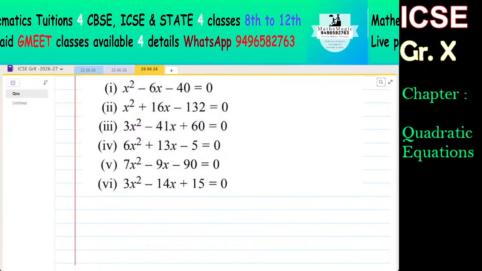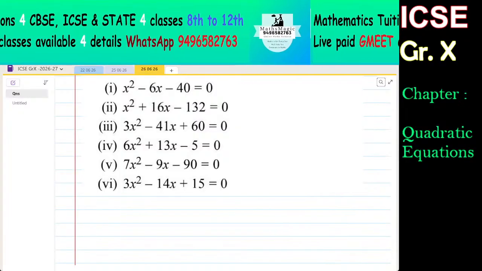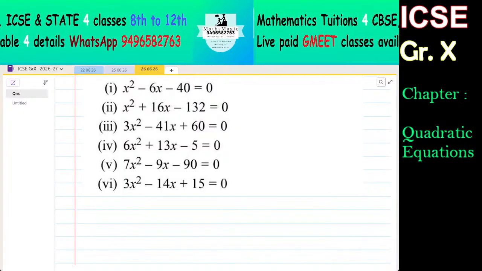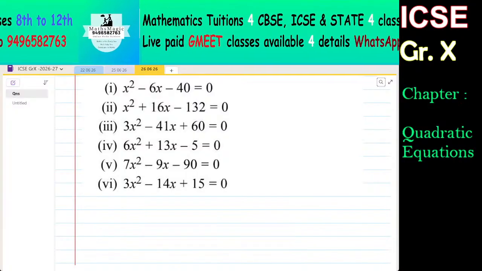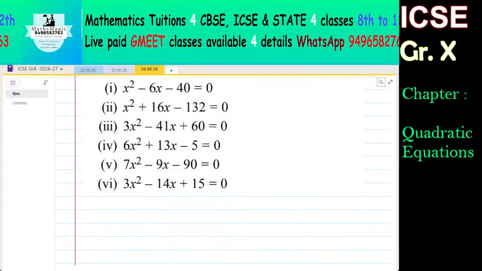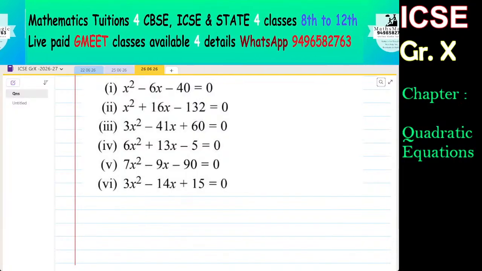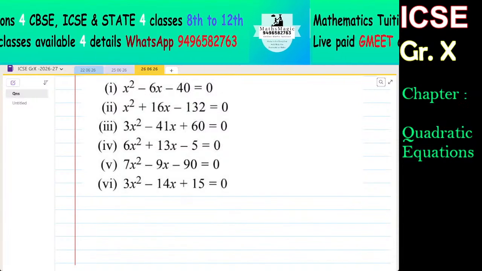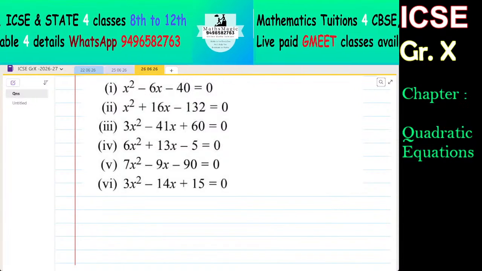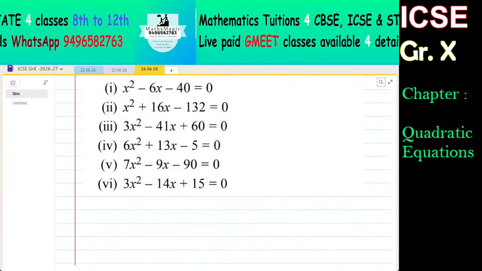Yesterday we have just completed 3x squared minus 41x plus 60 and have just asked some of you to solve the remaining. I think most of you have completed, and since some of you have doubts in getting the pairs of numbers, I'll be just solving it for you.